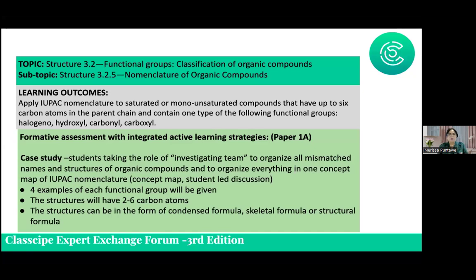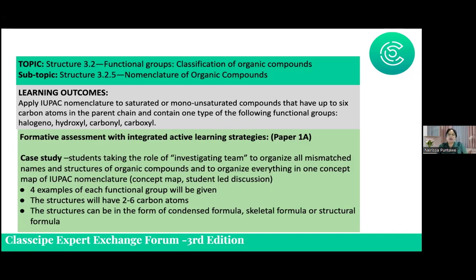Okay, this is the multiple choice. All right, so the students are provided with mismatched names and structures, given to them as strips of paper, all placed in a brown envelope maybe, and it depends if you want them to work in pairs or in smaller groups. It depends on how big your class is.